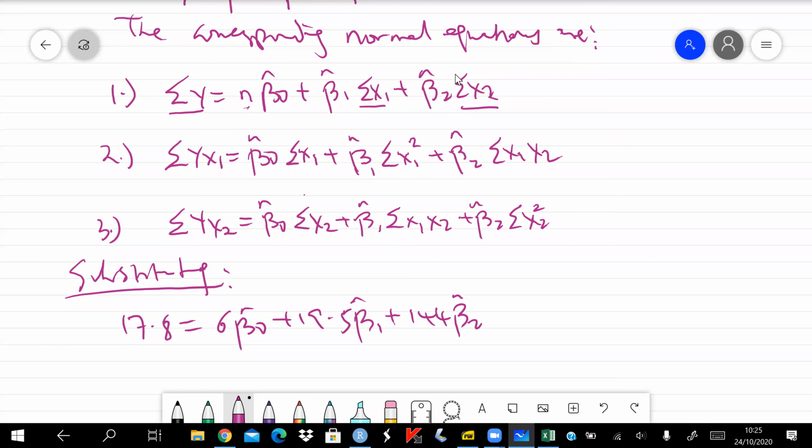So that's our first normal equation. As I told you earlier, these values are known. So the only unknowns are beta naught, beta 1, and beta 2.